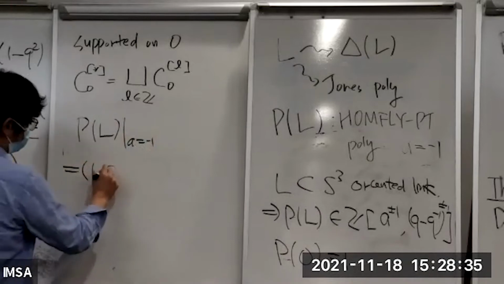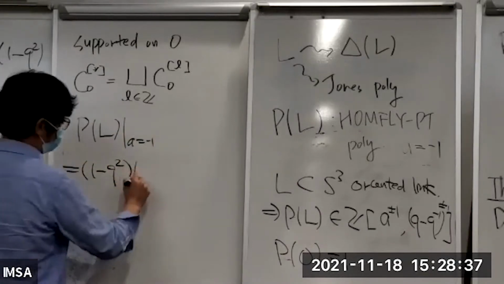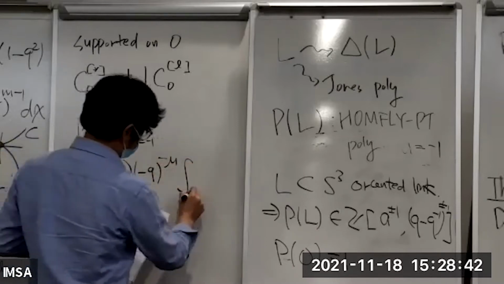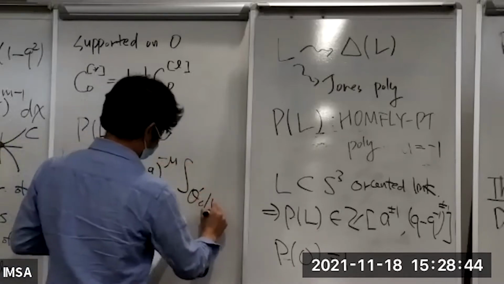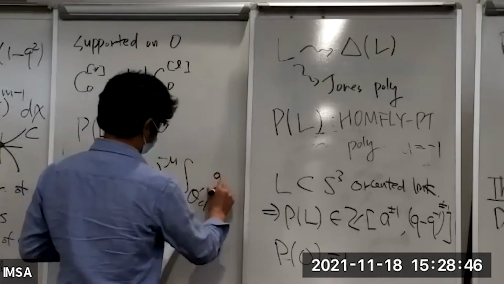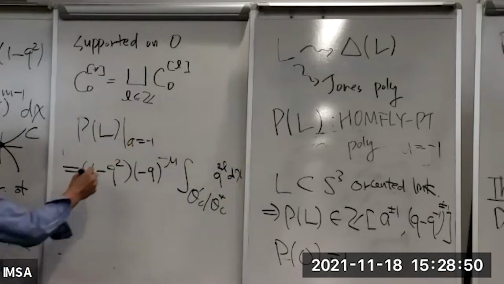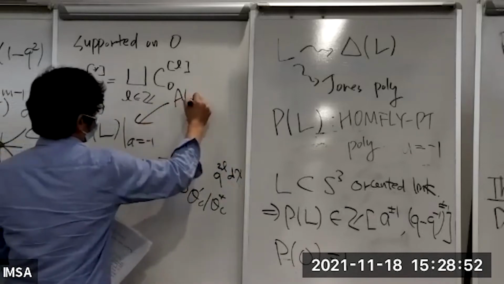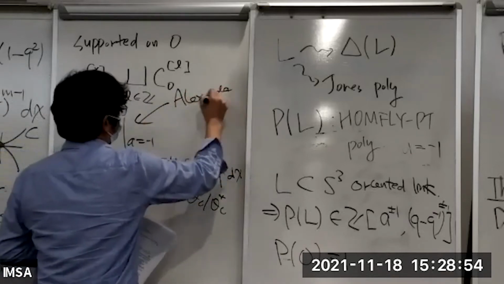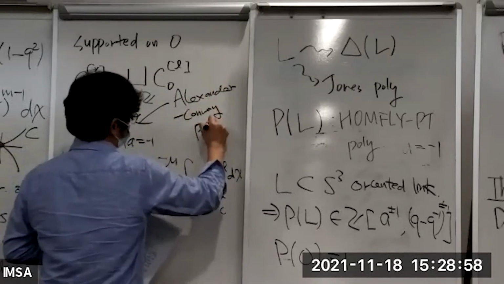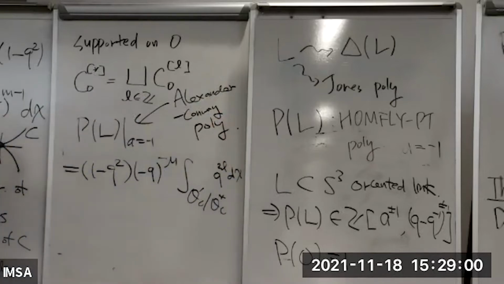If I just plug this in, then this gives me -2. And I obtain this polynomial, and this is the Alexander polynomial.